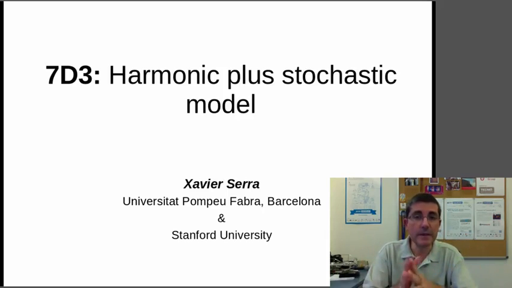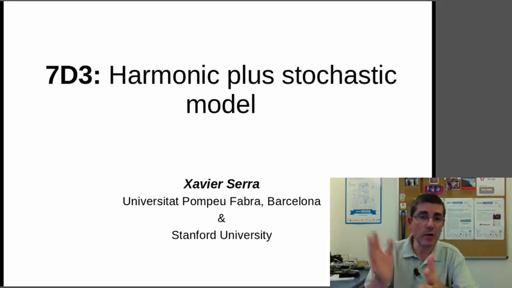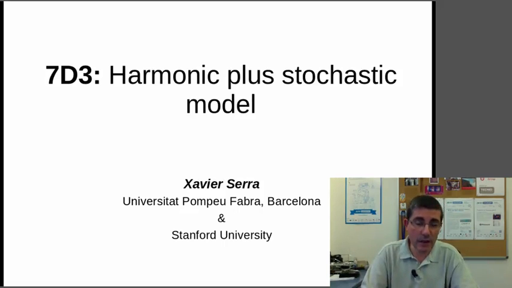It's a little bit different from the harmonic plus residual, but the main difference is that now with the stochastic representation of the residual, we will be able to do quite a bit of things. Next week, in fact, we're going to be doing transformations to these sounds, and the stochastic representation will allow us to do that, whereas the residual would not be able to give us that flexibility.